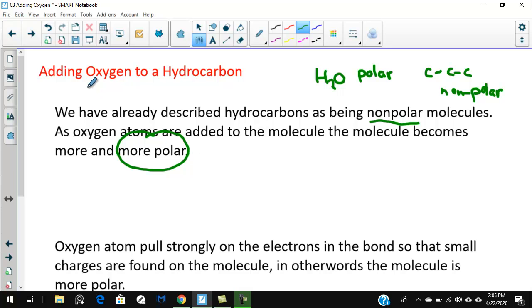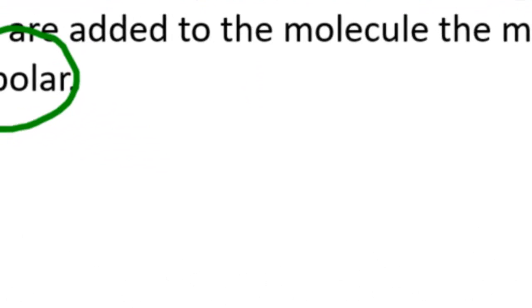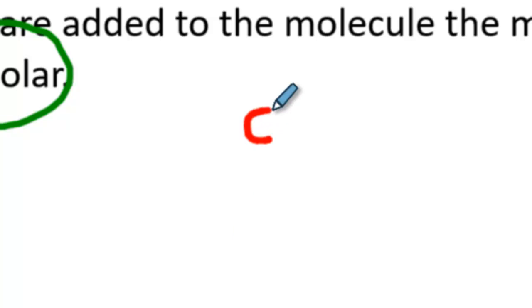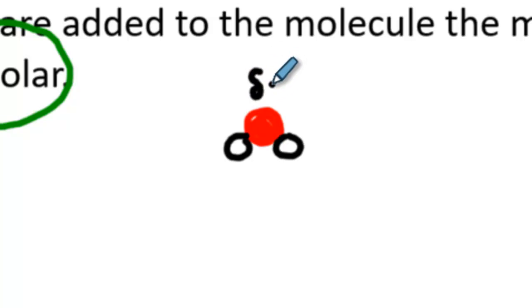Now, when things become polar, they can then attach themselves to other things that are polar. So that's why we've talked about things like water. If we draw a water molecule, it has an oxygen in the center and 2 hydrogens on it. And we've drawn the fact that the oxygen is a little bit negative and the hydrogens are a little bit positive.